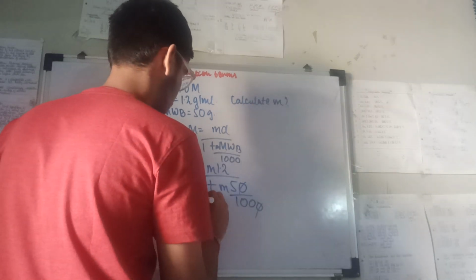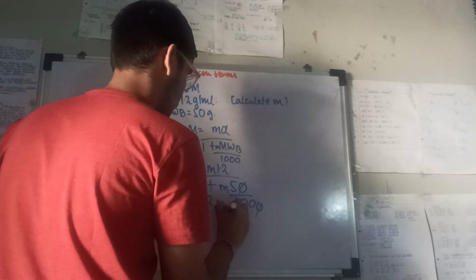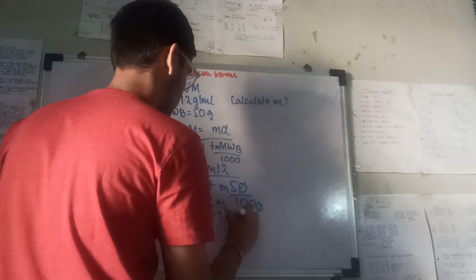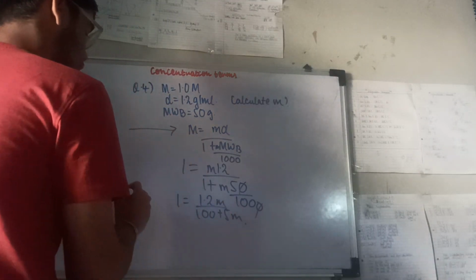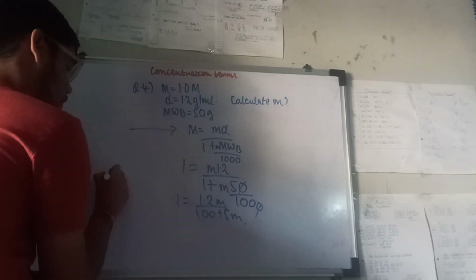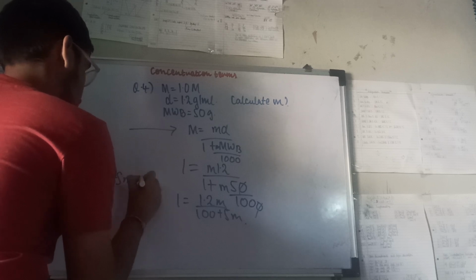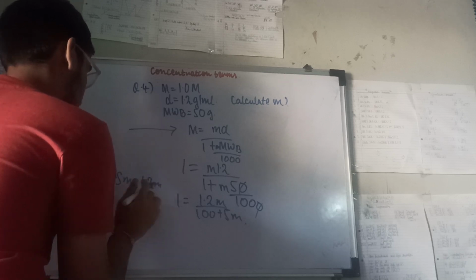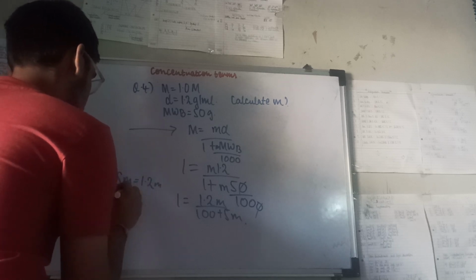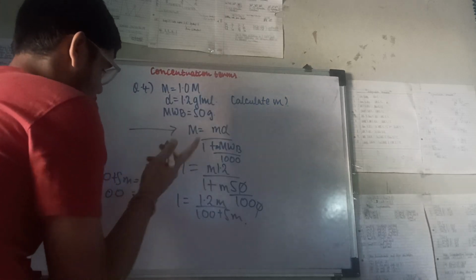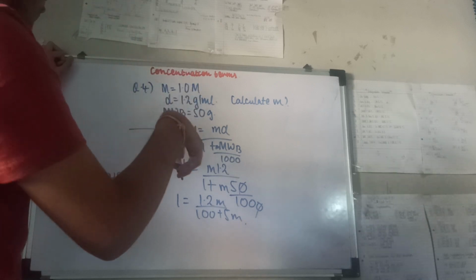So 1.2 m by 100 plus 5 m. So this will go here. So 100 plus 5 m is equal to 1.2 m. 100 is equal to, it's coming in minus because I have made up the sum.